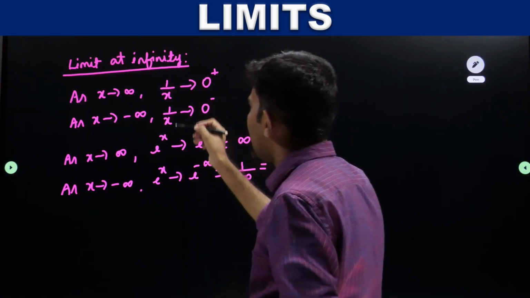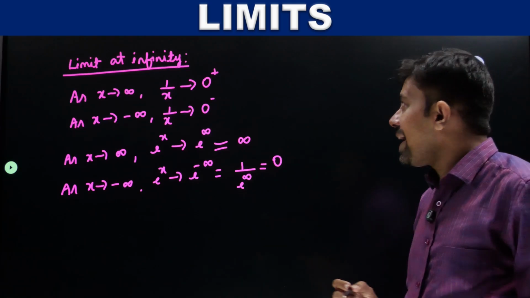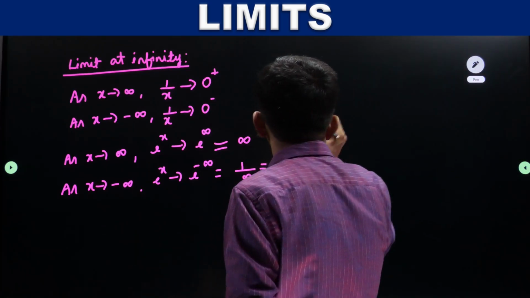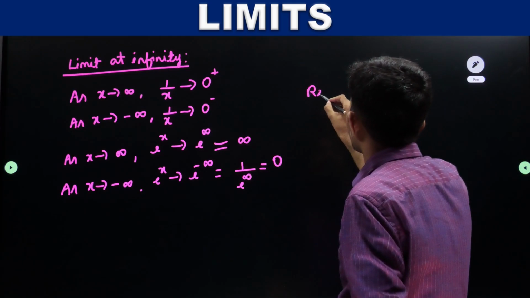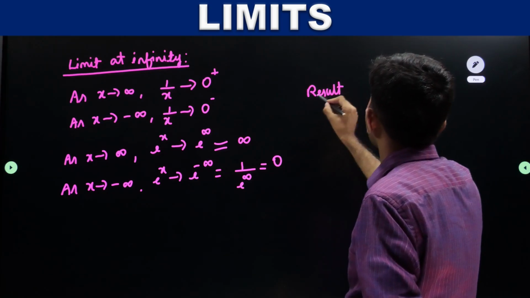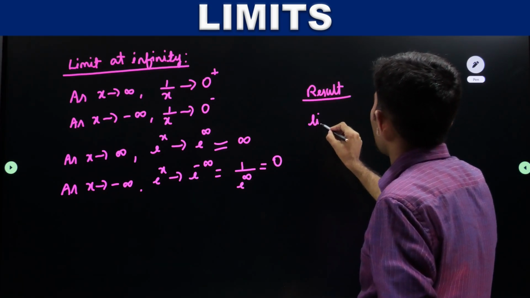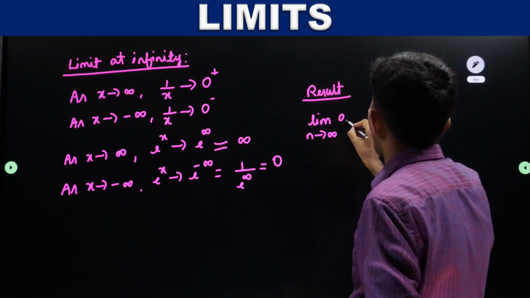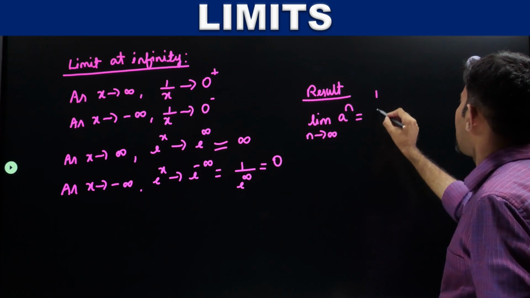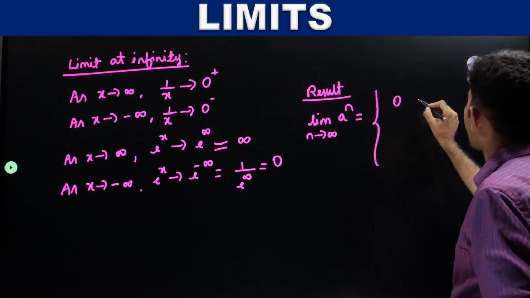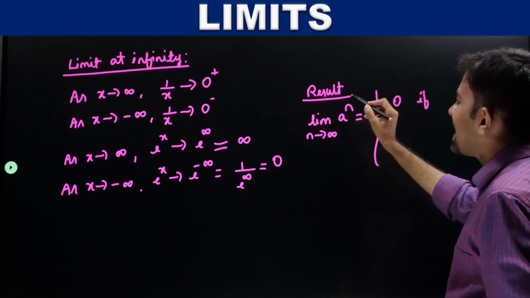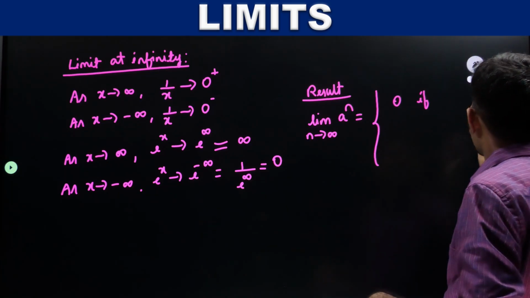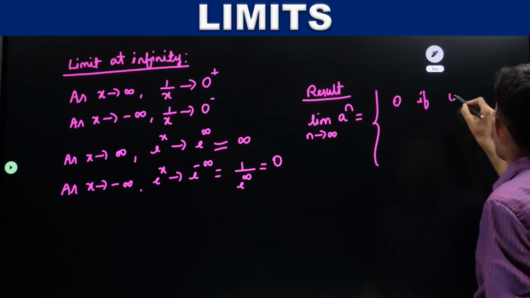Okay. So limit at infinity we can discuss. Another important result here is the limit as n tends to infinity of a power n. The limit as n tends to infinity of a power n is equal to 0 if a lies between 0 and 1.